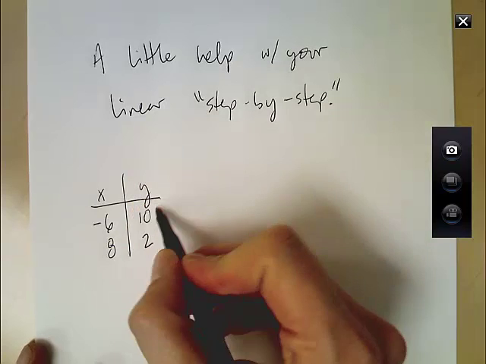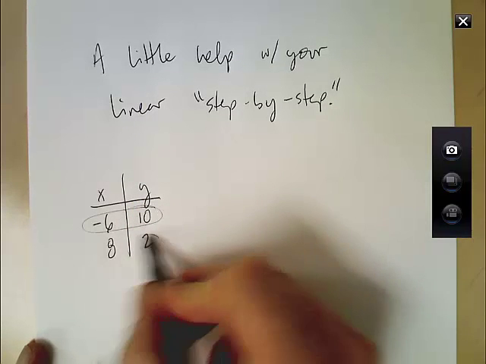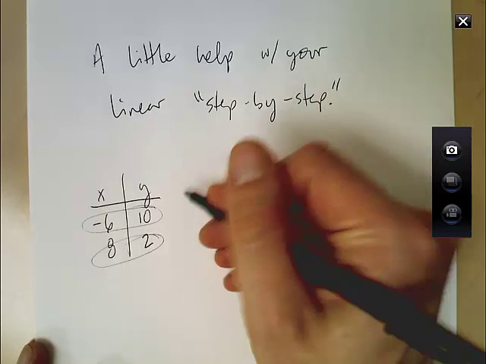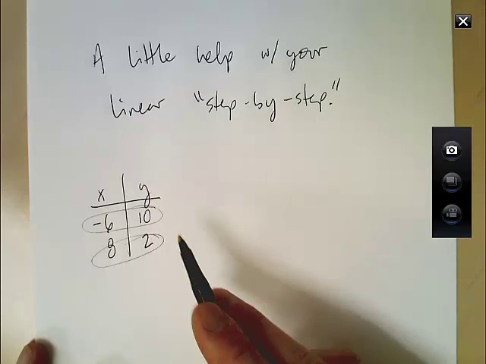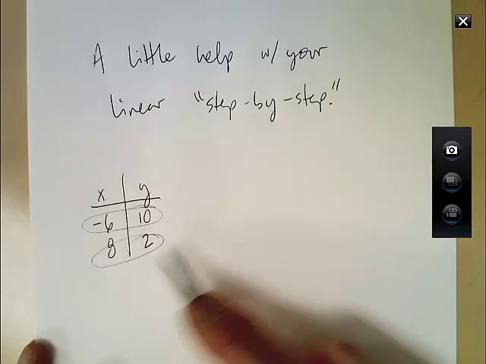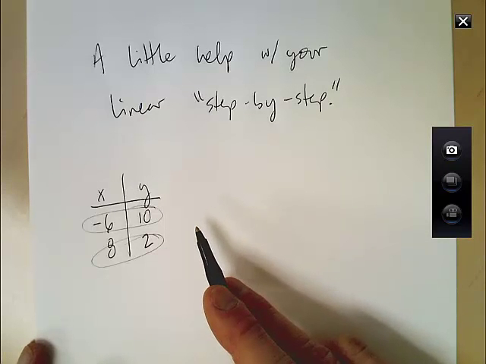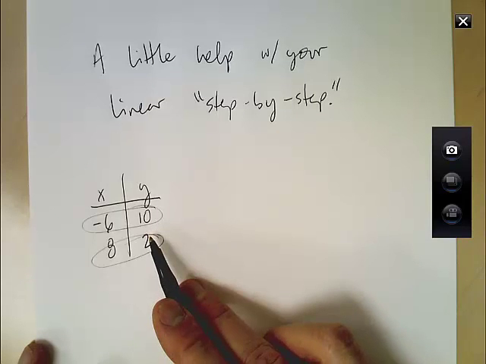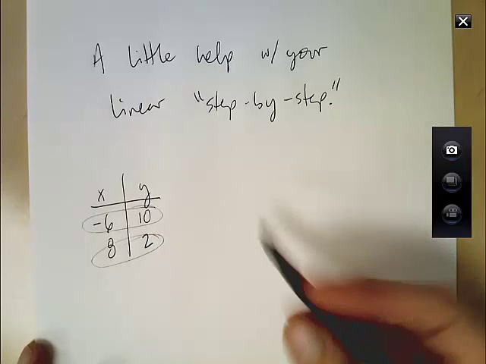Let's say that we know this is a point on a line and this is a point on a line, and we want the equation. This is enough information to completely define only one particular line. There's only one line this could possibly be, and we can get the equation for that line.